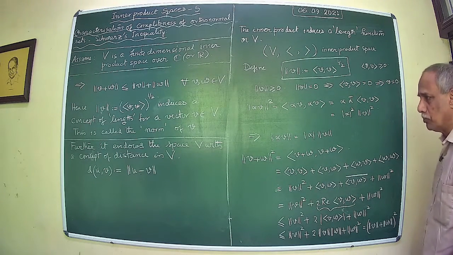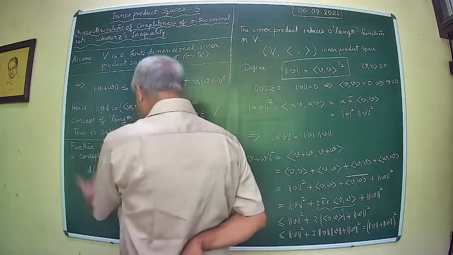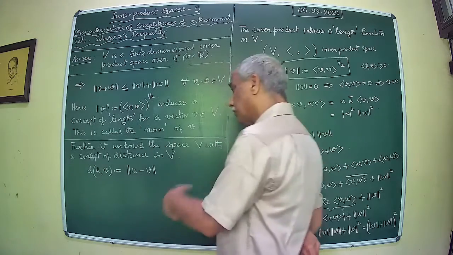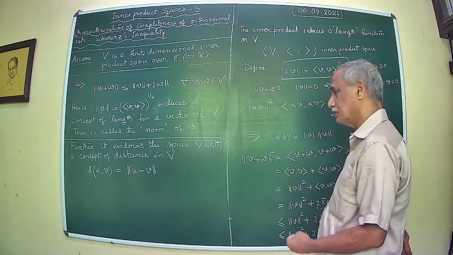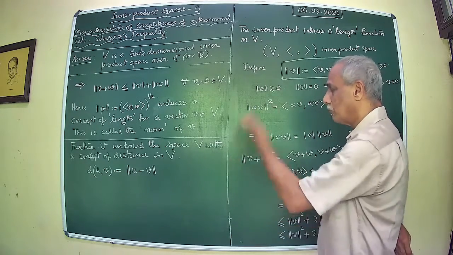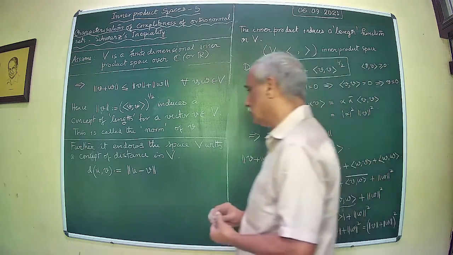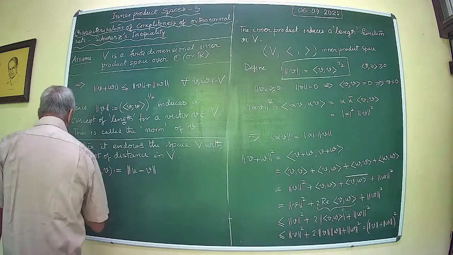Now u minus v is a vector in V itself, and for each vector in V an inner product is defined, and the inner product induces what you call a norm. Okay, so we want to show that d is a distance function.